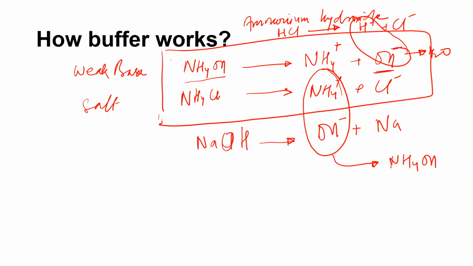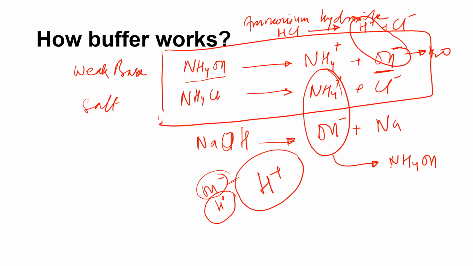So finally the OH minus concentration will remain the same. In case of a weak acid buffer, the main purpose is maintaining the proton concentration constant. Here the concentration of hydroxyl ion, it is the reversal actually. So the ultimate outcome is a constant concentration of hydronium ion in the buffer solution.